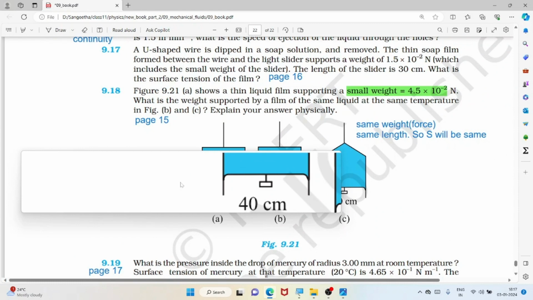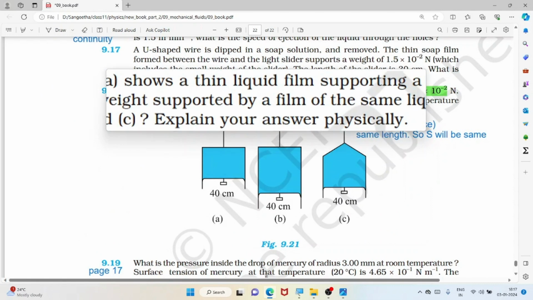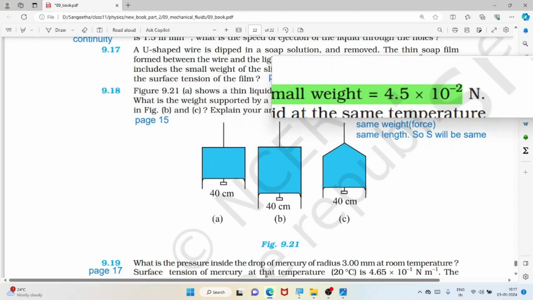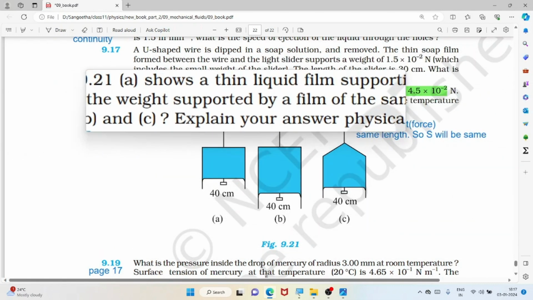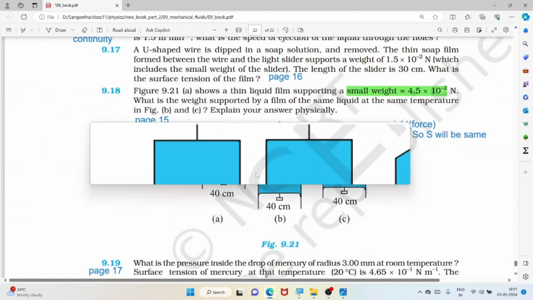Okay, figure 9.21 A shows a thin liquid film supporting a small weight. Okay, what is the weight supported by the film of the same liquid at the same temperature in B and C?